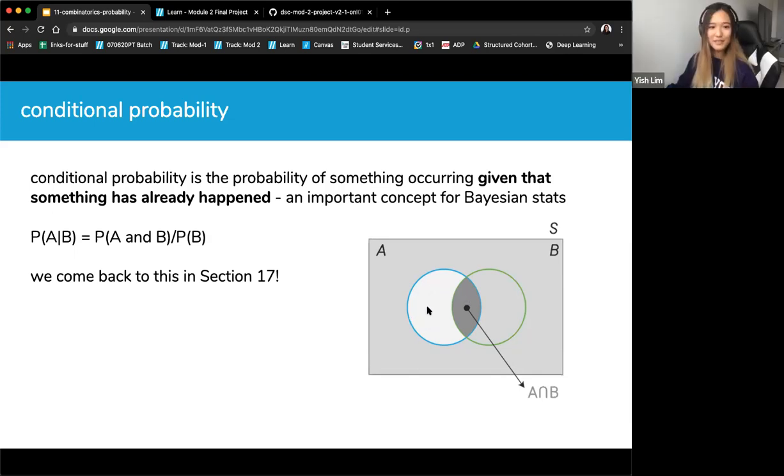In the left crescent, we have the number 2, and in the right crescent, we have the number 5. So conditional probability is: what proportion of B is the intersect? B only has 4, 5, 6, and the part in the intersect is 4 and 6. So the probability of A given B is 2/3.